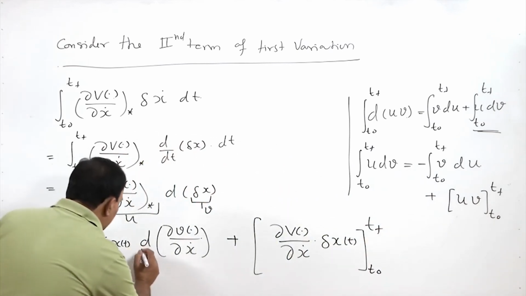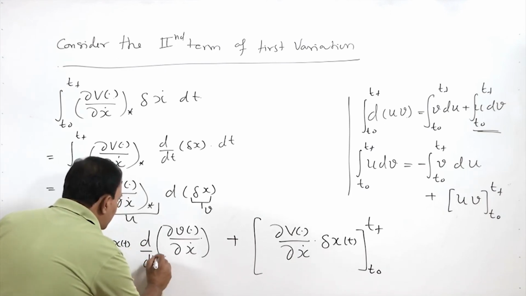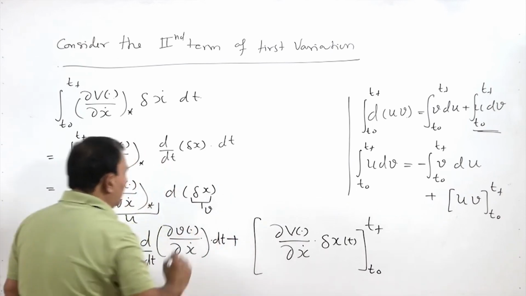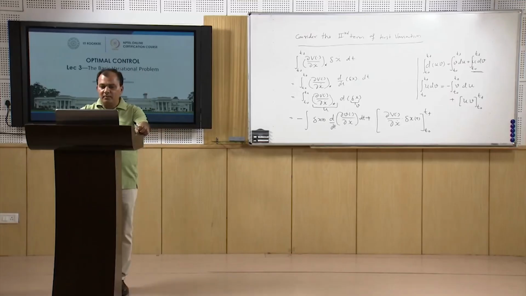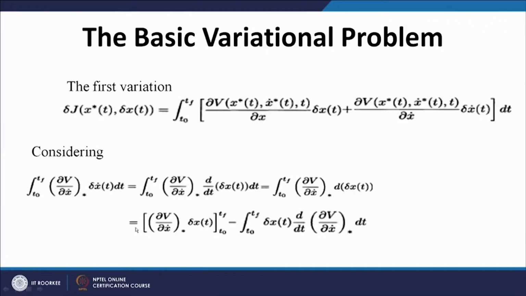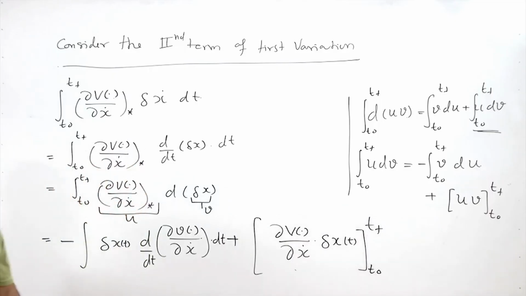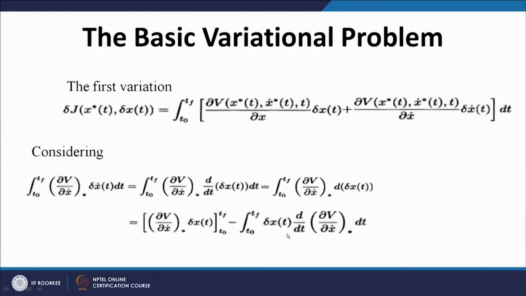So, if I write this as d by dt and multiply dt here, this term I can simply represent as del V by del x dot delta x of t from T0 to Tf, which is my last term here, and minus the integral from T0 to Tf of delta x of t, d by dt of del V by del x dot, into dt. So, this second term I can expand by these two terms.